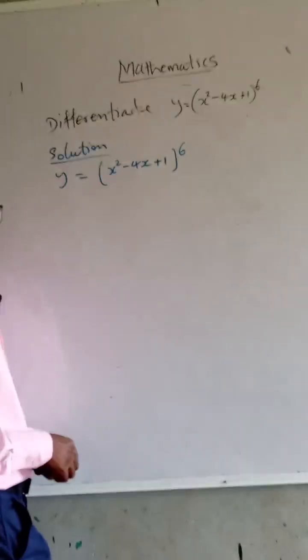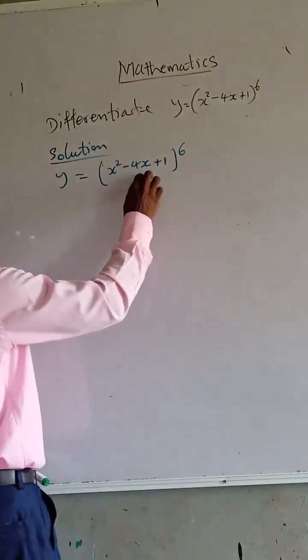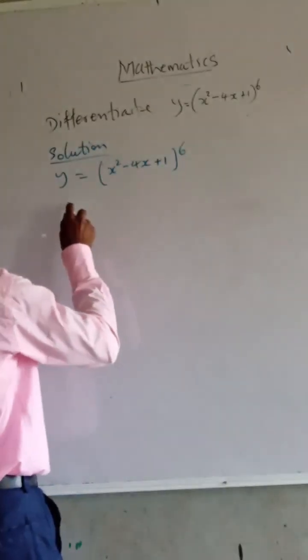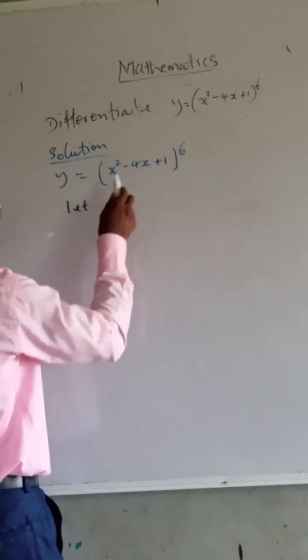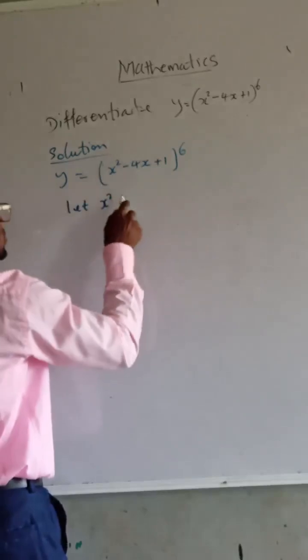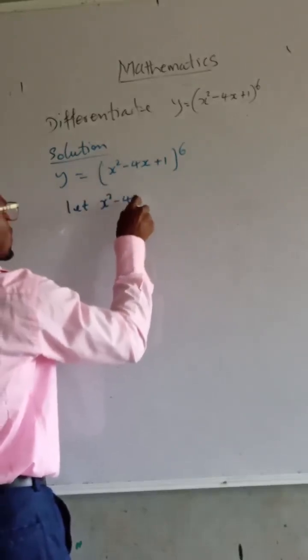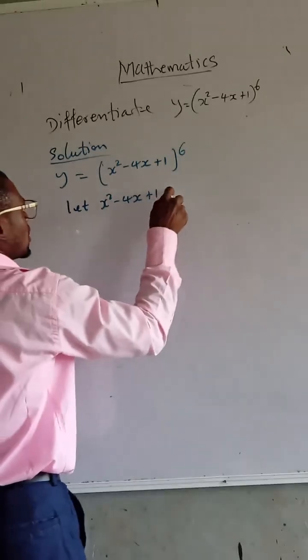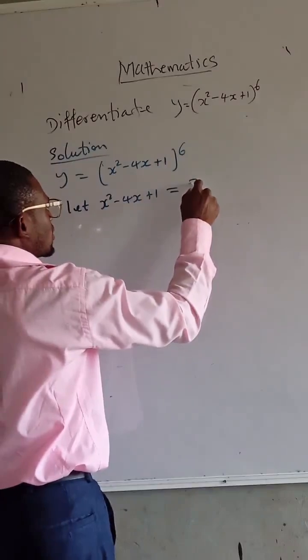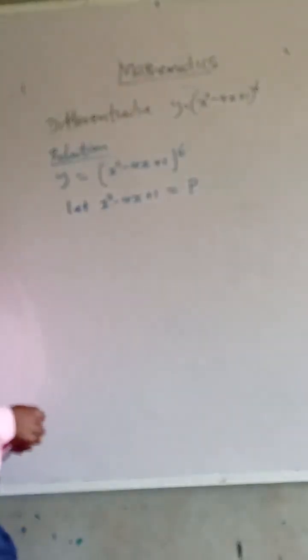But with the help of differentiation, we'll be able to solve it. Let s² − 4s + 1, the term inside the bracket, be equal to p.